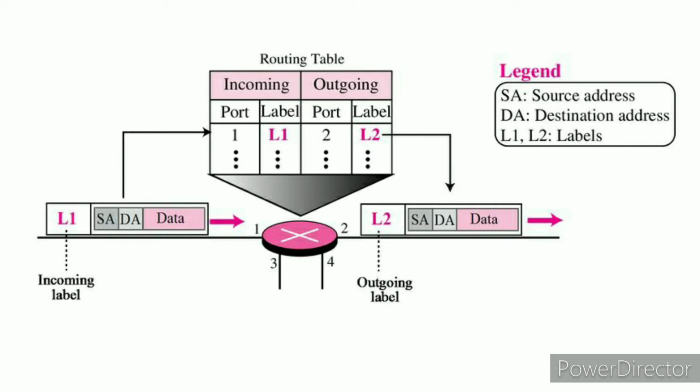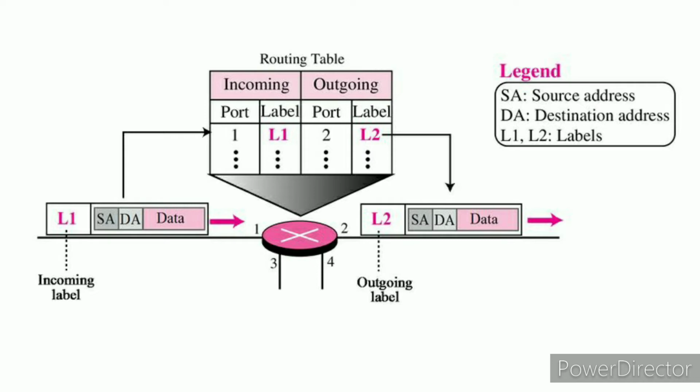Whenever a packet arrives at the router, the router will assign a label. This is the sequence number which has been given 1, 2, 3 and 4. Whenever a packet reaches this particular router in port 1, the router will assign some label to this packet. And when it goes to another port, it will give another label, that is L2.